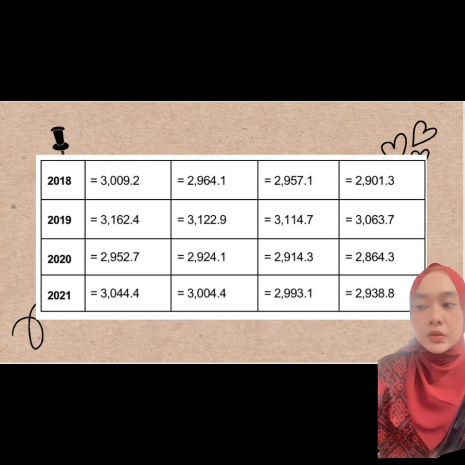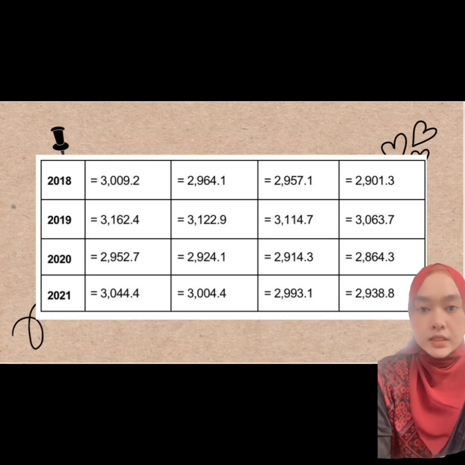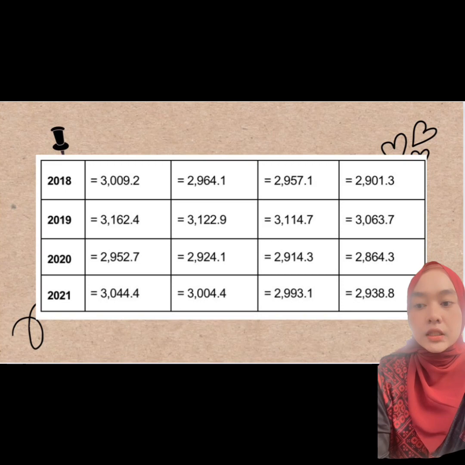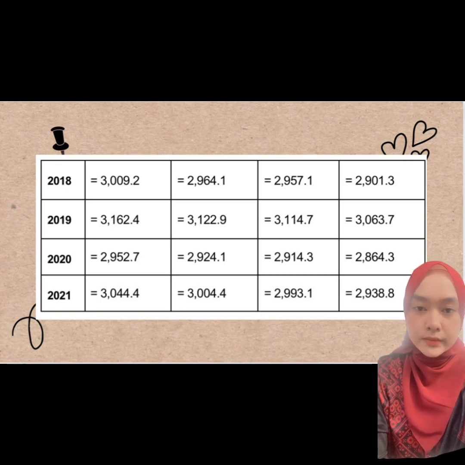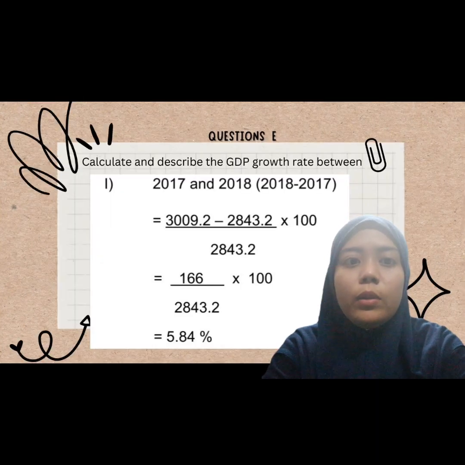And the last, 2021, for gross domestic product at market price, we get 3,044.4. For gross national product at market price, we get 3,004.4. For gross national product at factor cost, we get 2,993.1. And the last is national income, we get 2,938.8. Thank you. Next, we go to question E.